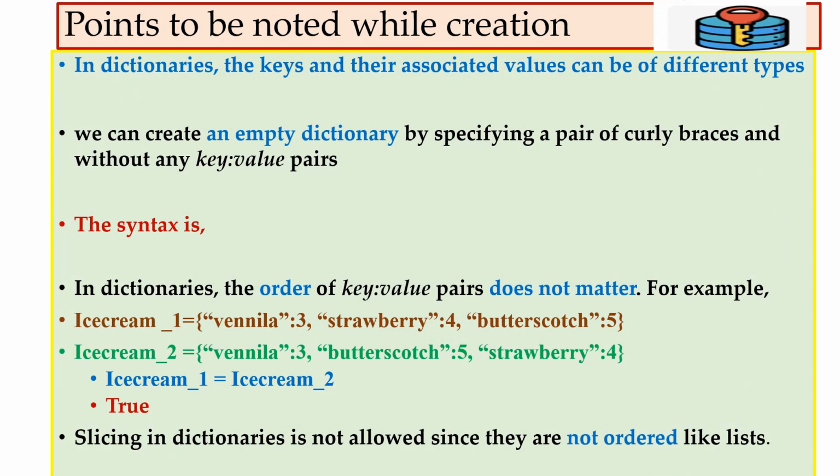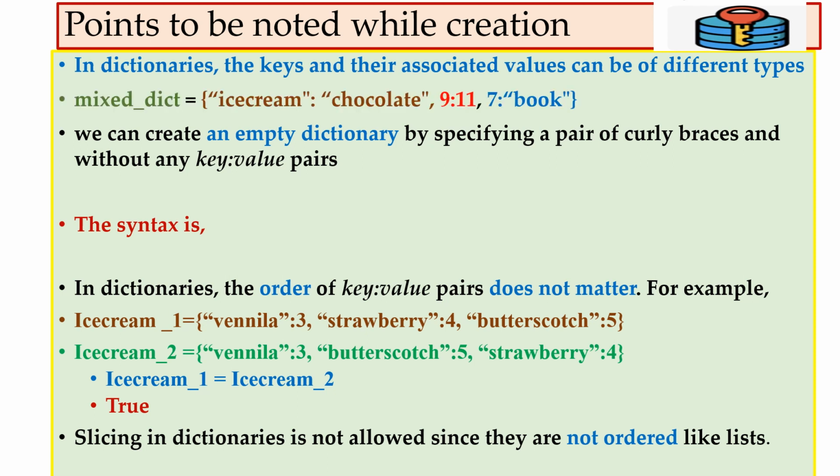The points to be noted while creating dictionaries. In dictionaries, the keys and their associated values can be of different types. For example, the sample given over here has the first key value pair both in text, the second key value pair both numeric, and the third key value pair numeric and text.